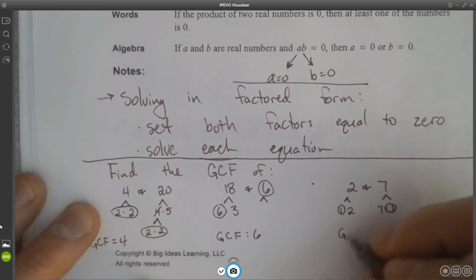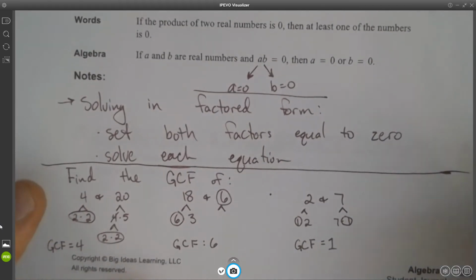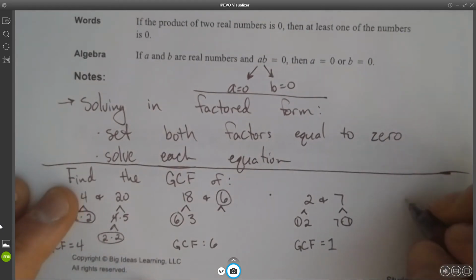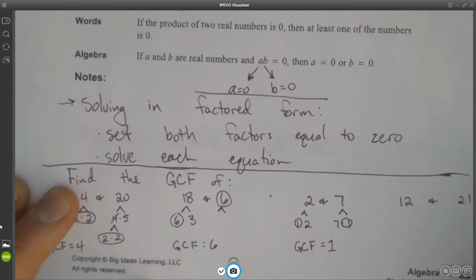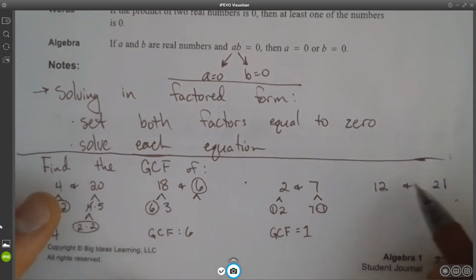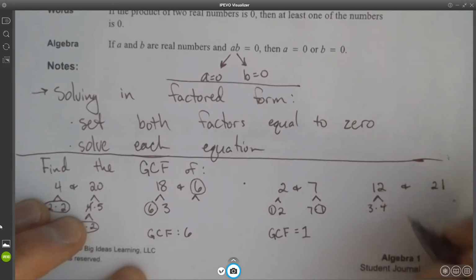So the greatest common factor there is just 1. Let's try one more. How about 12 and 21? Now, I know 21 can't be divided by 12, but I do know that 12 is 3 times 4, and 4 is 2 times 2.